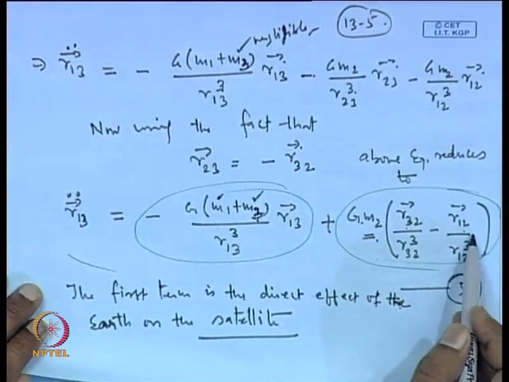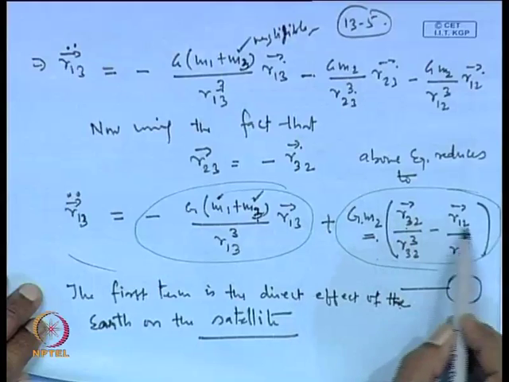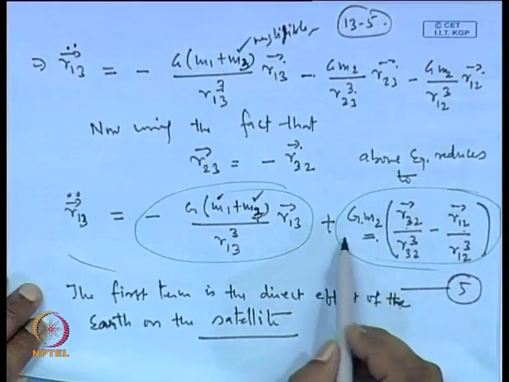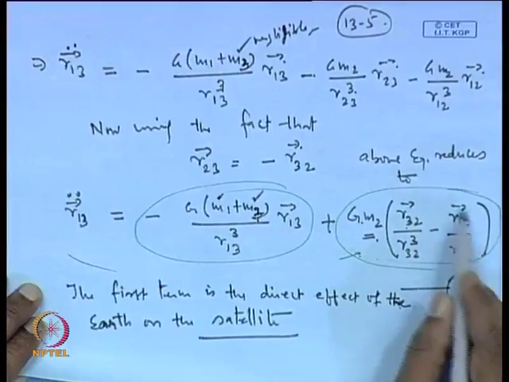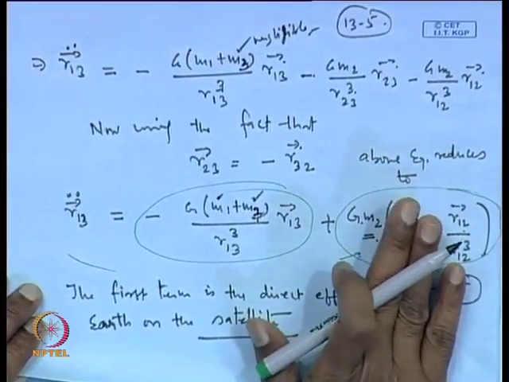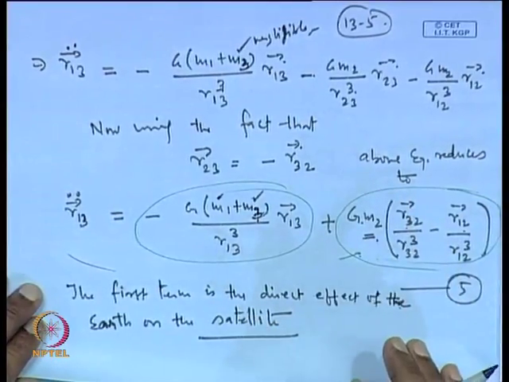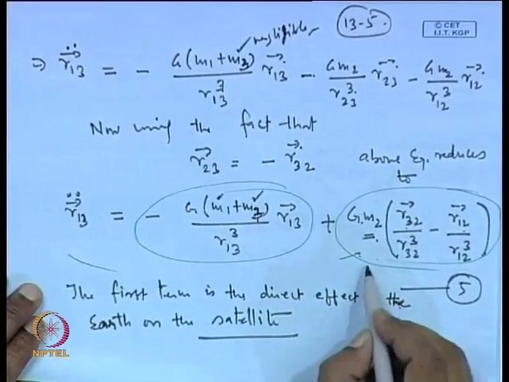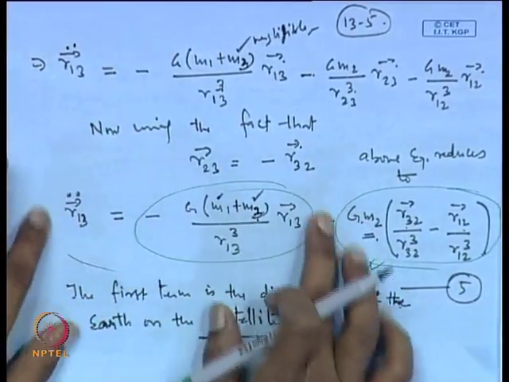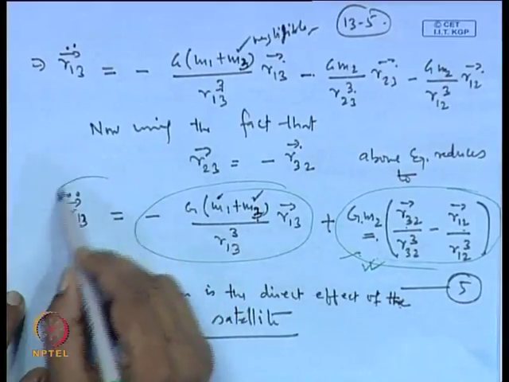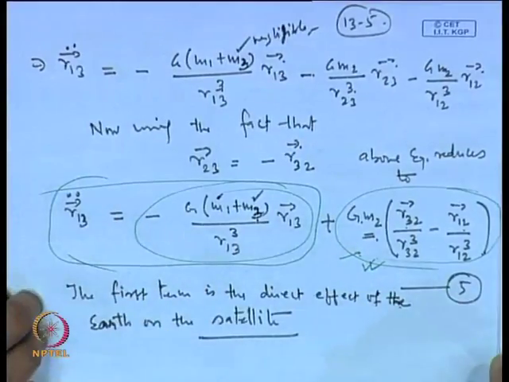So, in both ways this is arising due to the sun, and therefore the second term is called the indirect term, and the first is the direct effect of the sun on the satellite, and this acts basically as a perturbative term on the motion of the satellite around the primary body, which is related to this equation.